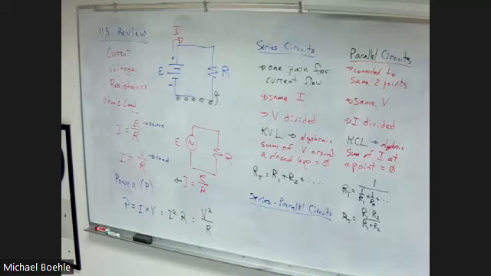Impedance also has units of ohms. The trick is, it's a combination of resistance and reactance. And so we go back to that whole complex number thing. Literally, impedance is just opposition to current flow with a phase shift. That's really what impedance is.